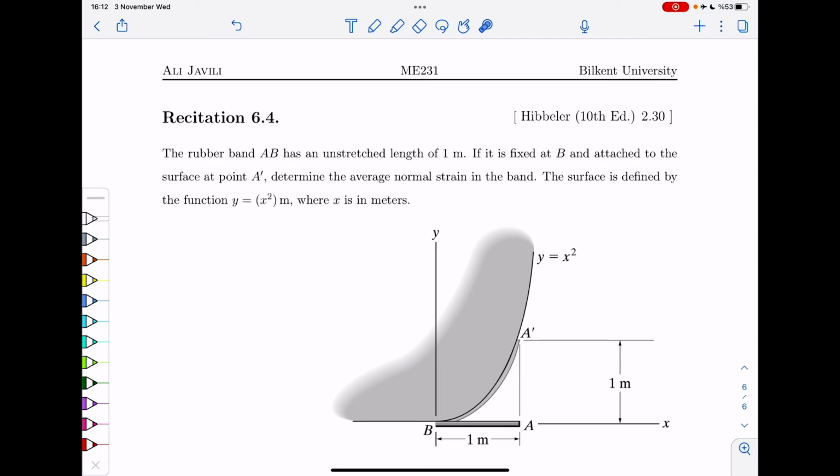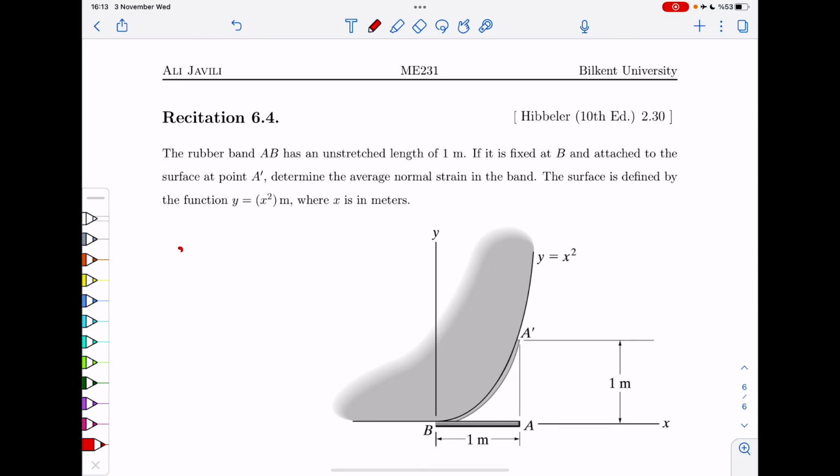You stretch that rubber band such that it gets nicely attached to that surface. Okay, so this thing becomes this. Now, obviously, the length of BA prime, so the deformed rubber band, is longer than the original one. And by doing that, we introduce some strain in it. Okay, so this question basically asks you to calculate that strain.